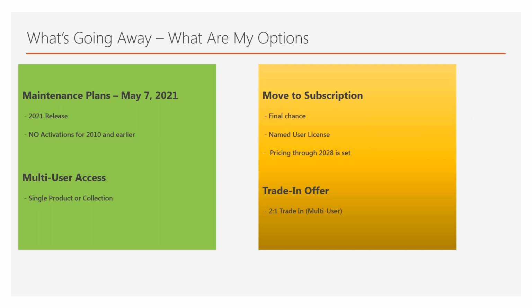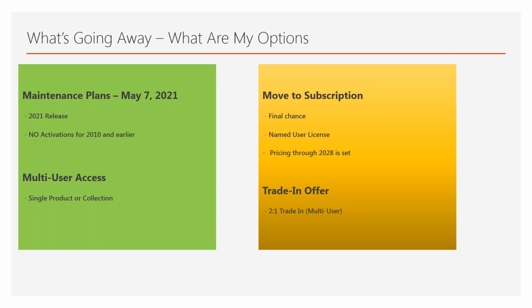If you have a standalone maintenance plan license for a single product, your only option as far as keeping up with Autodesk technology is to trade it in for a subscription license. Right now, I believe it's August 7th, after August 7th, you won't be able to renew your maintenance plan.